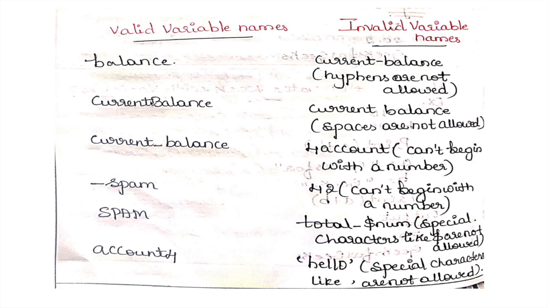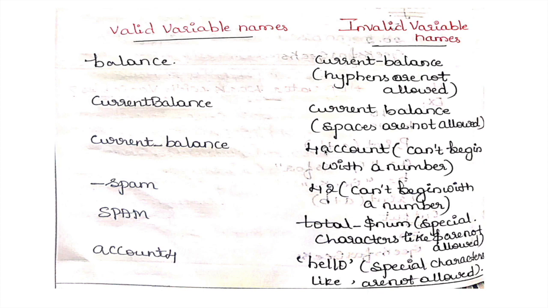Current space balance, no, it's not allowed. Current-balance with a hyphen is not allowed because hyphens are special characters. Current space balance is not allowed because spaces are not allowed. Current underscore balance, yes, it is right. Underscore is allowed.